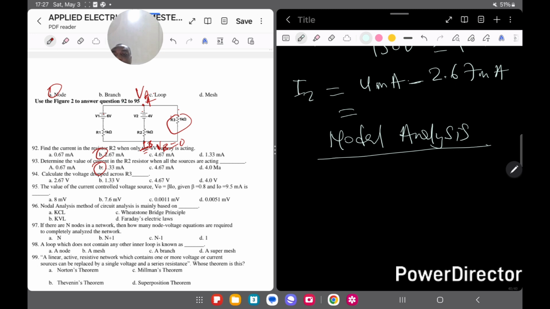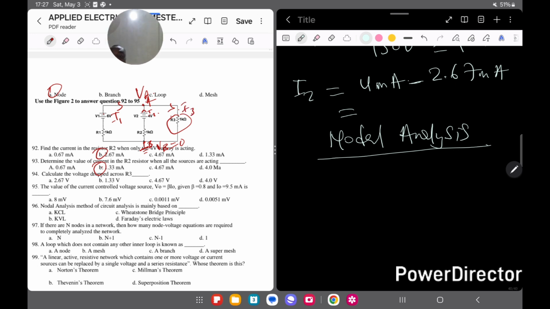So I'm going to assign the first one to be I1, the second to be I2, and then I have here to be I3.